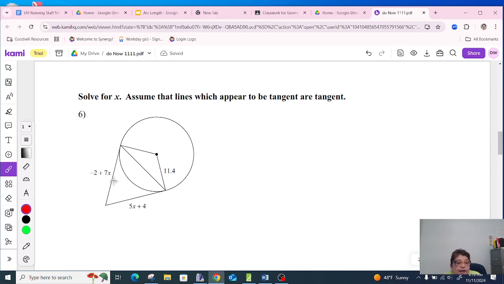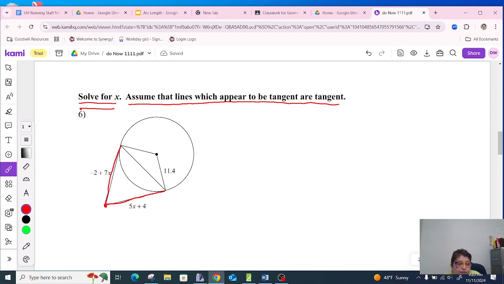We have a point. It said assume the lines that appear to be tangent are tangent. Do you see that instruction? And it says solve for x. So they're saying that this line is probably tangent, right? And this line is tangent.